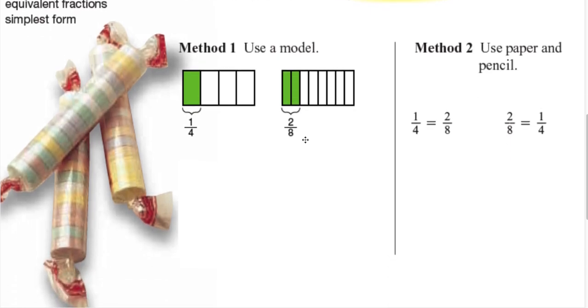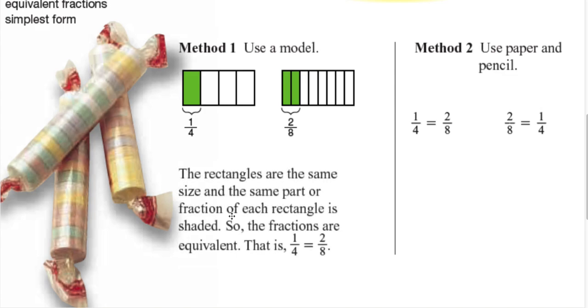On the model, the rectangles have the same size. So 1/4 is just another name for 2 over 8 or vice versa, and that's the reason why they're called equivalent fractions. The rectangles are the same size and the same part of each rectangle is shaded, so the fractions are equivalent. That is, 1/4 is equal to 2 over 8.